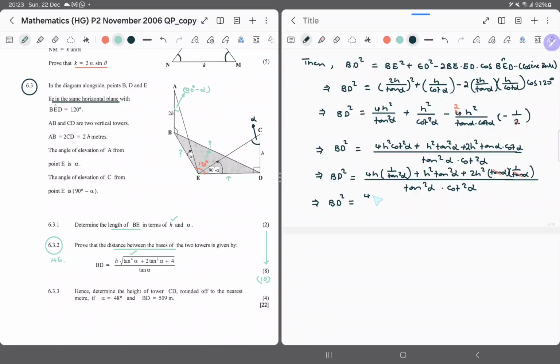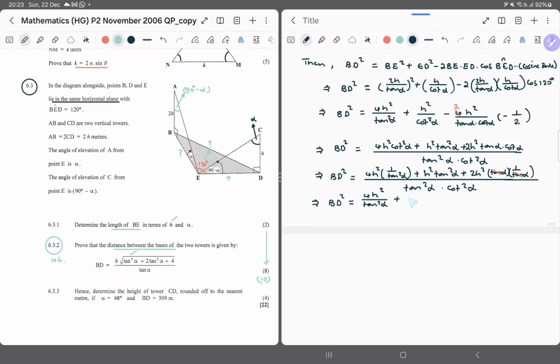So here we have 4h squared divided by tan squared alpha. That's what that bracket simplifies to. Plus, now this one, what are the stories here? Yeah, man, the stories are like this.